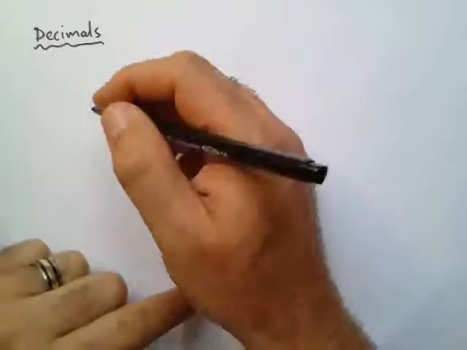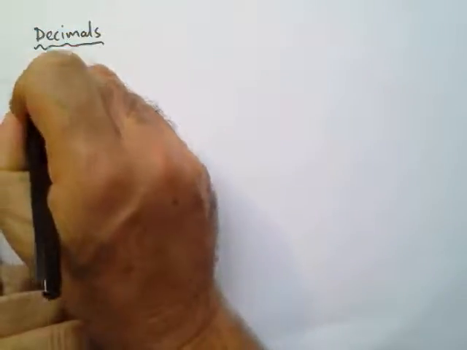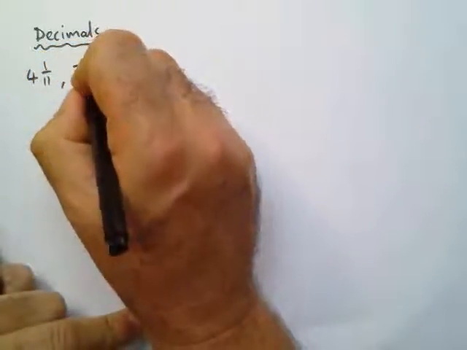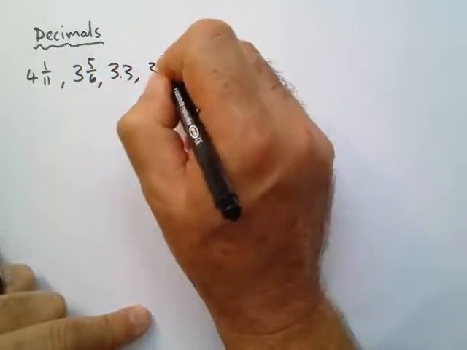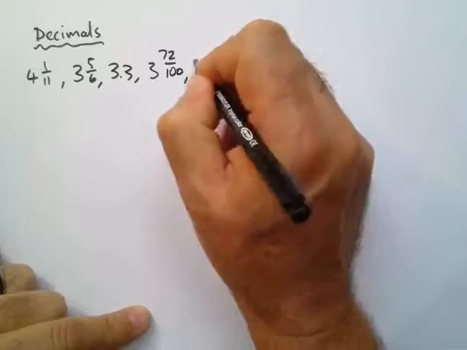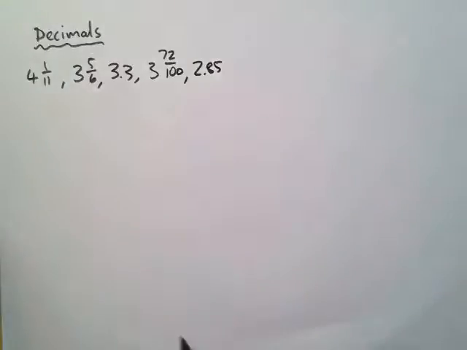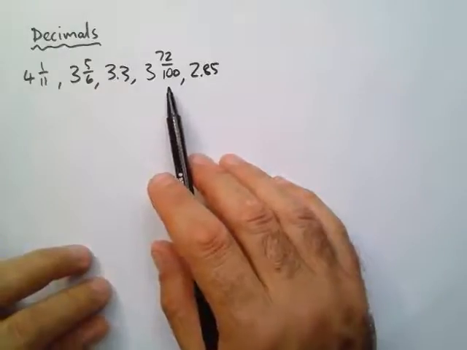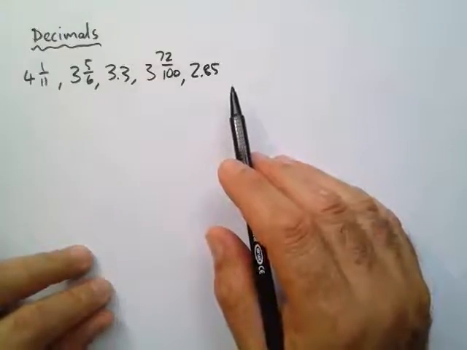So the reason we want to use it is, if we want to compare 4 and 1/11, 3 and 5/6, and 3.3, and order all of these from smallest to largest, or whatever order we want, it will become pretty hard to organize them because we'll have to get a common denominator, etc. If you want to compare these fractions, it's really going to be pretty hard.